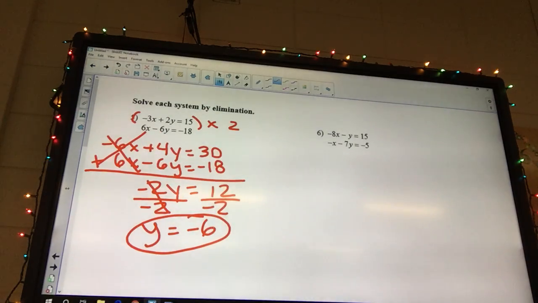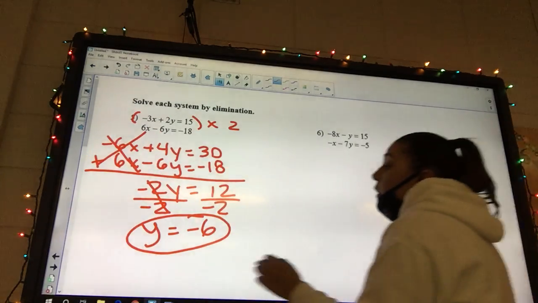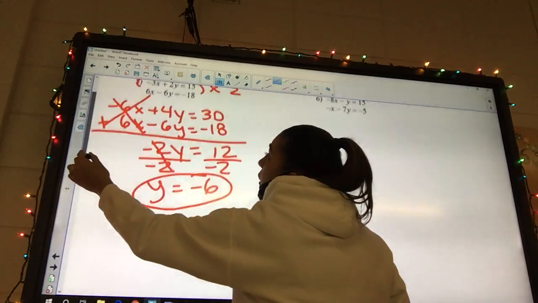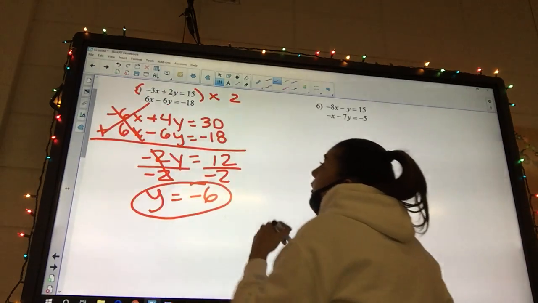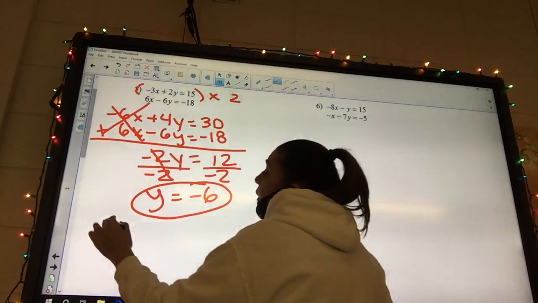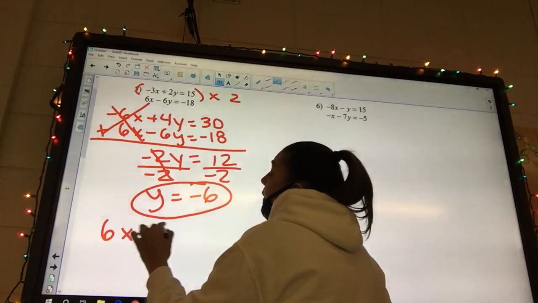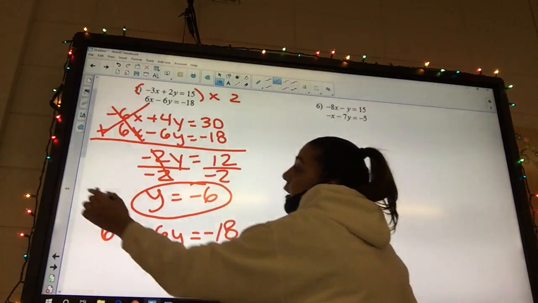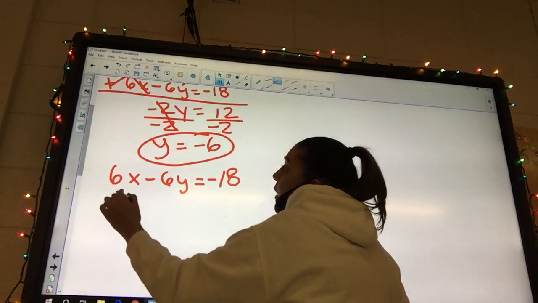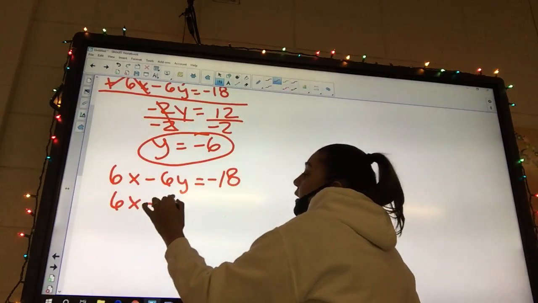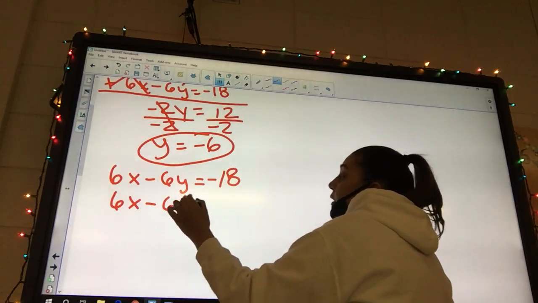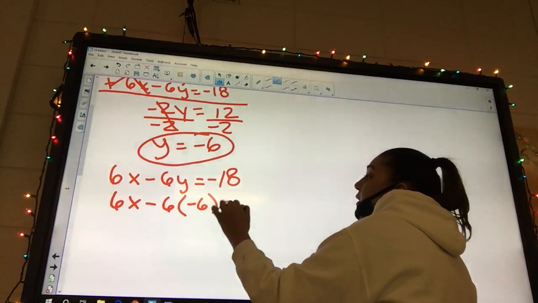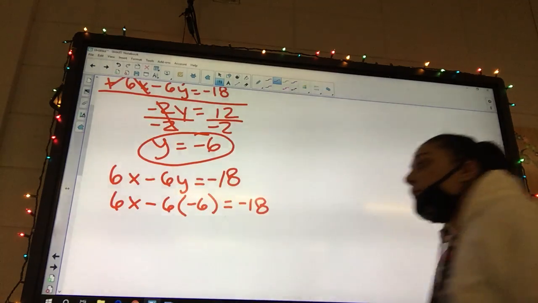Okay. So, which one do you want to plug it into? Bottom one? So I got 6x minus 6y equals negative 18. Okay, and we know what y equals. Y equals negative 6. So I got 6x minus 6, and instead of y, I'm writing negative 6, equals negative 18.